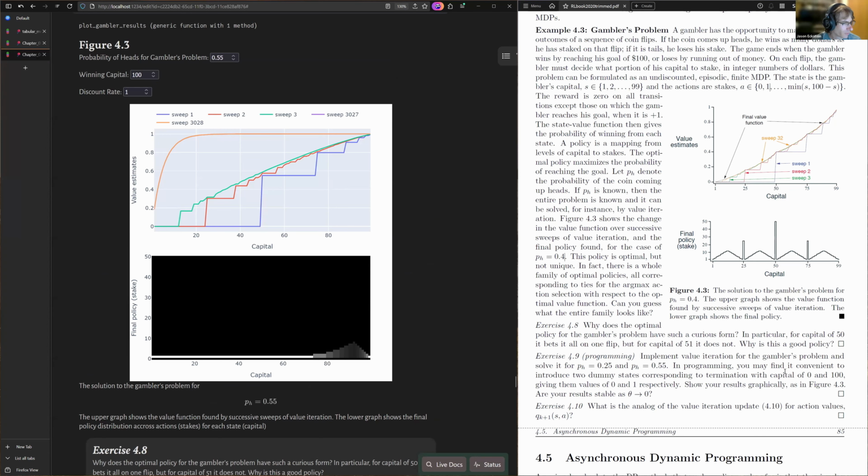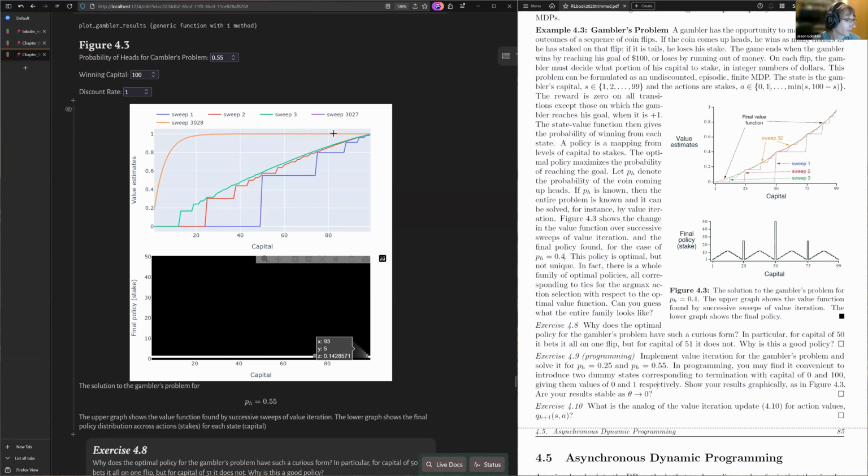Are your results stable as data? Oh yeah, this is asking about the numerical stability of this. I think as you make the precision lower, you'll end up seeing more deviations from this at lower capital values, because you have trouble distinguishing the curve shape as it gets close to 1 up here.